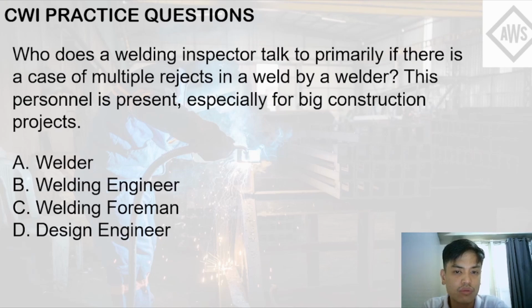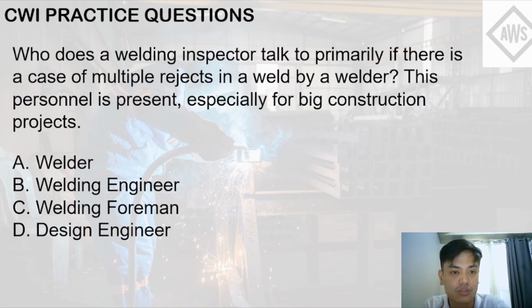So basically, if you direct your communication or confront the welder, it may ensue a confrontation between you and the welder, because typically for big construction projects, there is a tight schedule. So the pressure might be on the welder to produce multiple welds at that tight deadline.